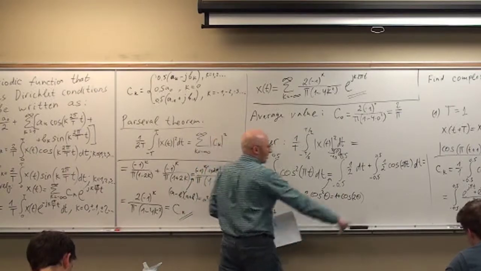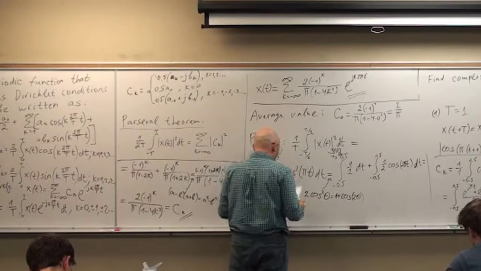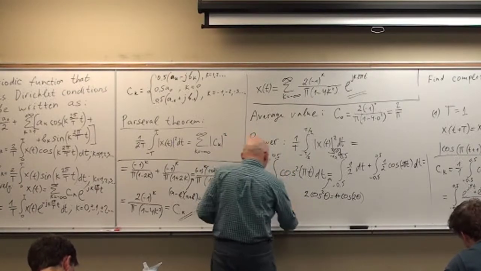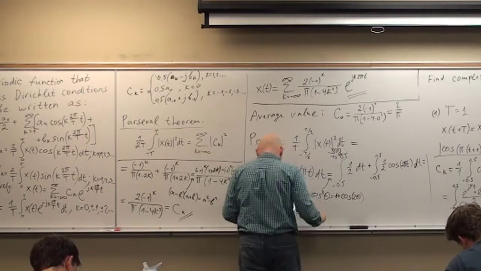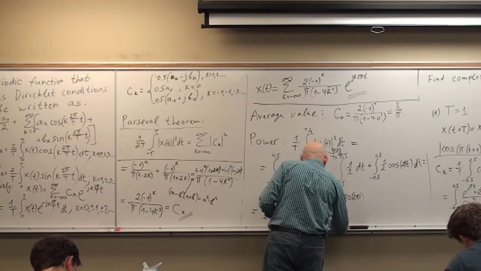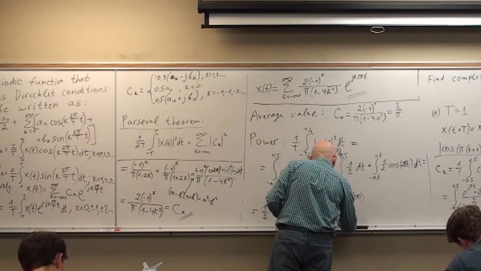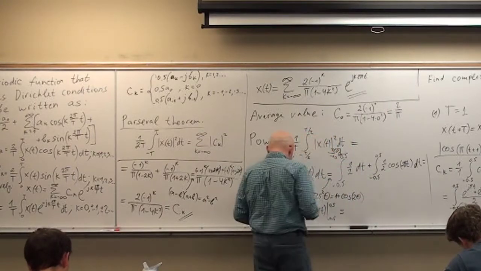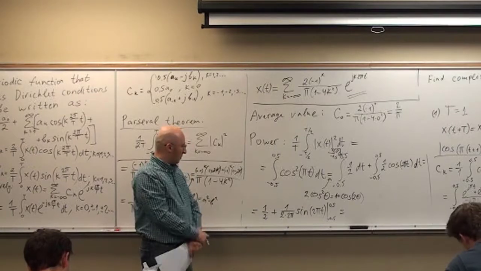Plus, integrating that thing, you have it in the table, or you can compute it. The integral of cosine is 1 over 2 pi sine of 2 pi t, and t runs from minus 0.5 to 0.5. Why is that simple?